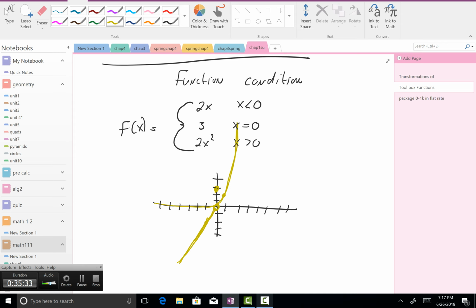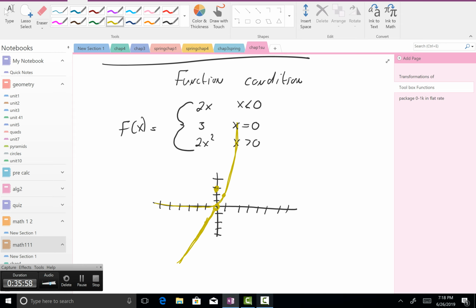So let's look at an application of a piecewise function. By the way, income taxes are a very good example of that, and parking too. But here's something: let's say we have a company that mails packages to a certain city. If it's 0 to 1 pound, we have a flat rate of $2.25.